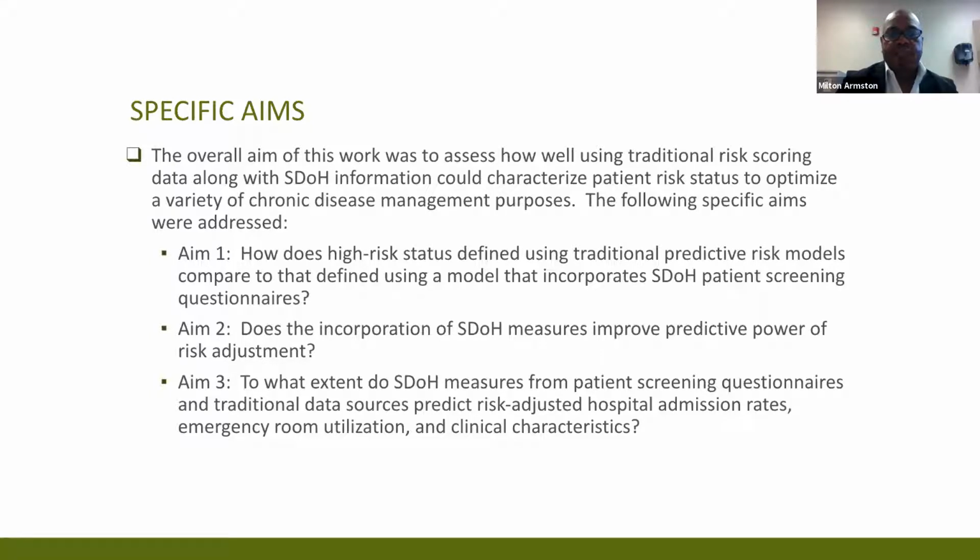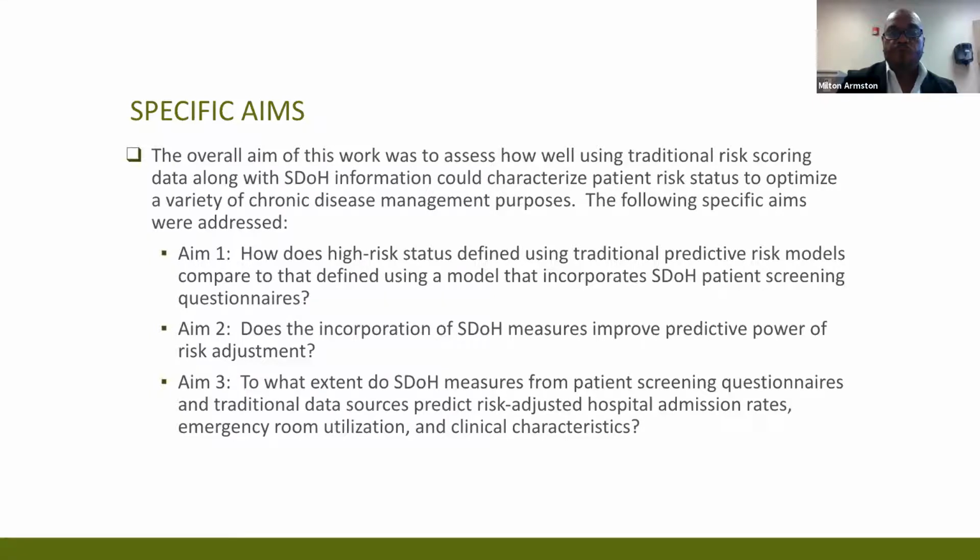It looked at biometrics, a person's lab values, their vitals. It looked at diagnosis. It looked at the number and the amounts of medications that a person was taking. How did that compare to using a model that incorporated social determinant of health patient screenings?